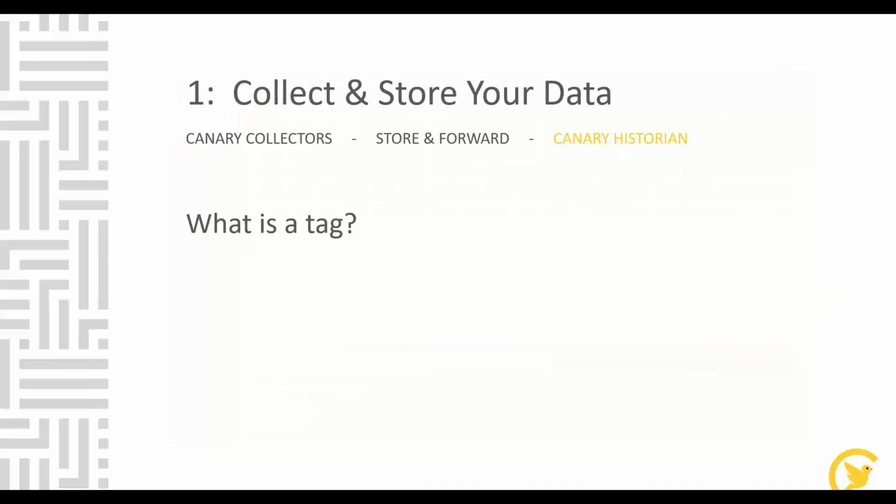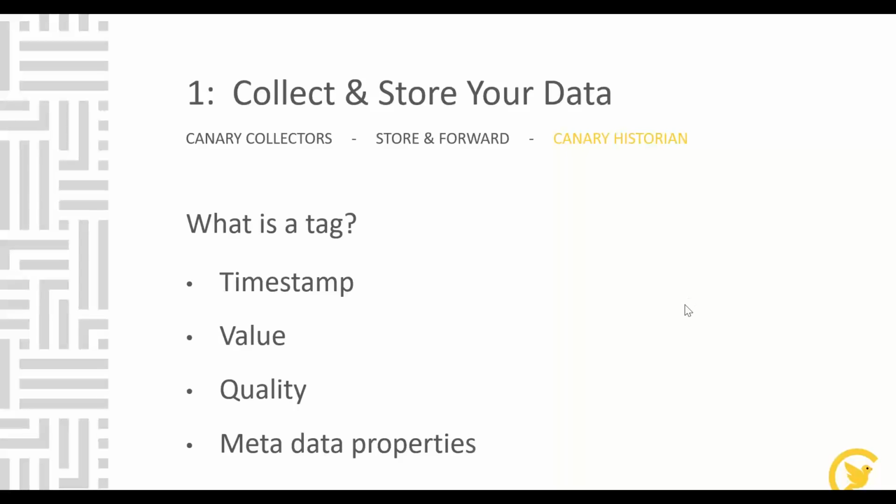Okay, so what is a tag? A tag is actually a time series record. It consists of a timestamp, a value, the quality of the data, and perhaps even metadata properties if some machines put them on top of that. So the tag contains these four things.